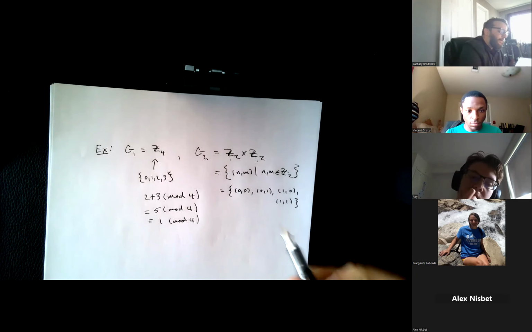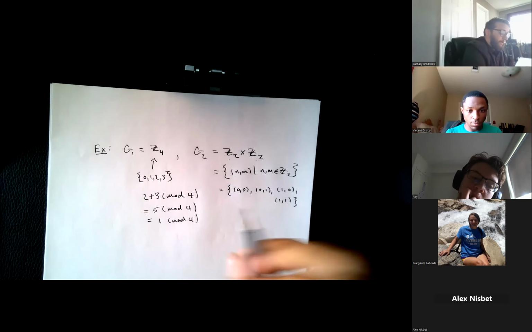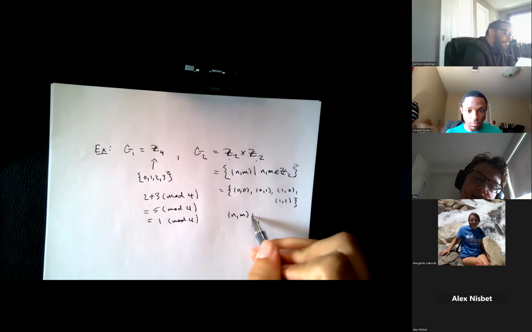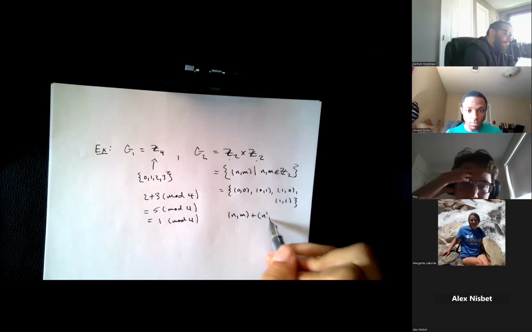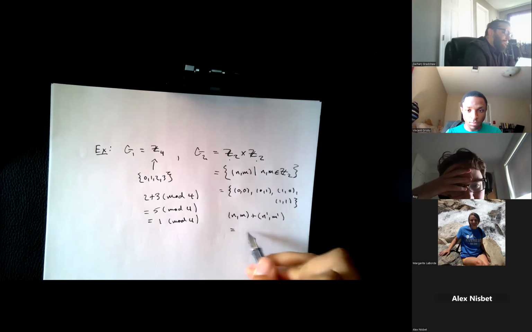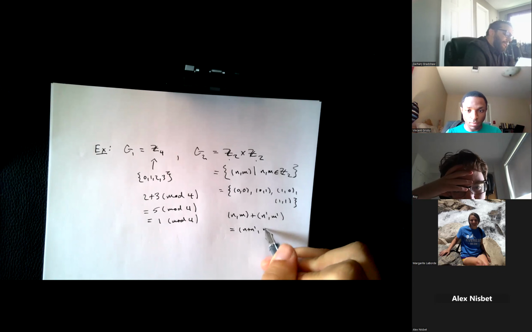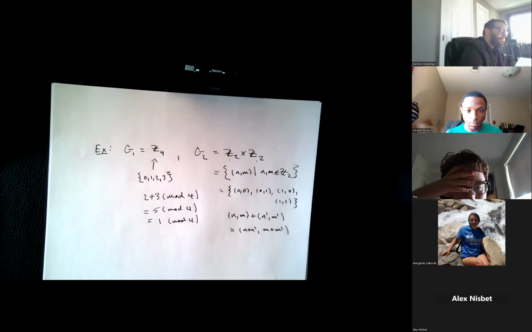And the operation here works as follows. If we have (n, m) and we want to add (n', m') to it, we do it componentwise. We do n plus n' and m plus m'.